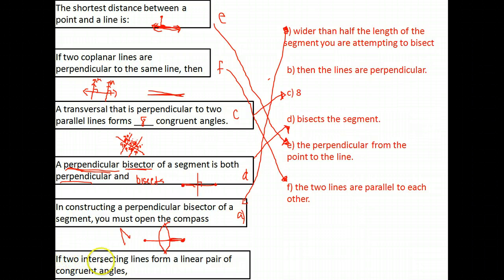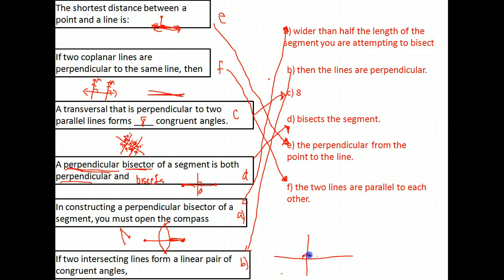And finally, if 2 intersecting lines form a linear pair of congruent angles, what do we know? Well, here it tells us we know that those lines are perpendicular. That's our only option left. But let's take a look at that a little closer. If 2 intersecting lines form a linear pair, what does that mean? A linear pair of congruent angles. So you have two lines that intersect. Notice we have a linear pair here, and here are two angles that make a line together.